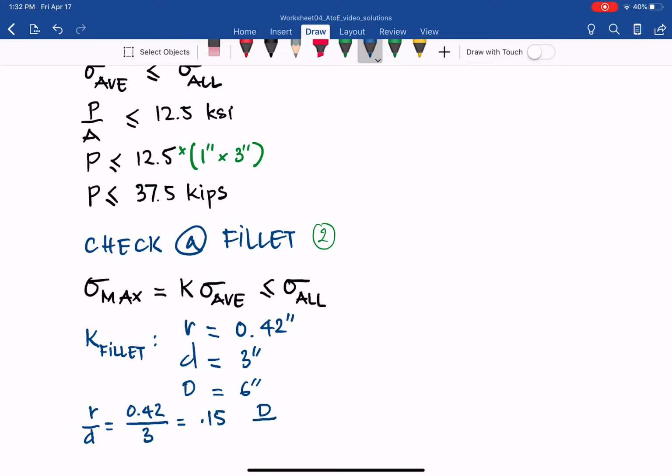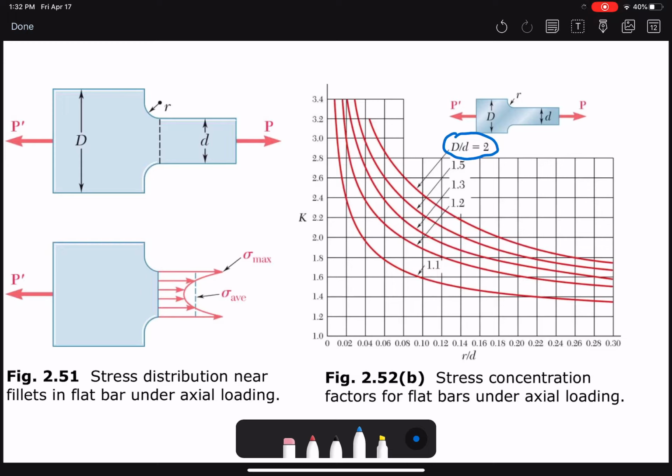From that, go back to the figure here. You have to choose the curve for D over d equal to 2, because 6 over 3 equals 2, and the radius of the fillet over d small equal to 0.14.